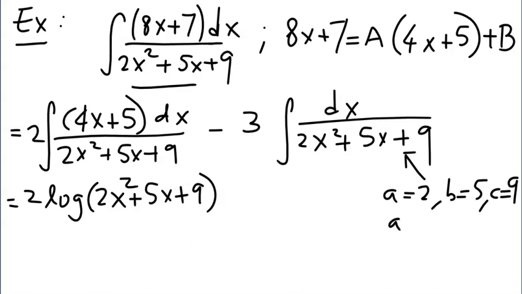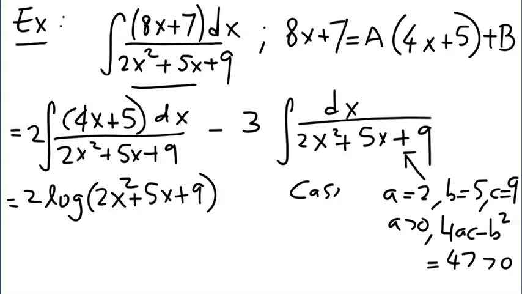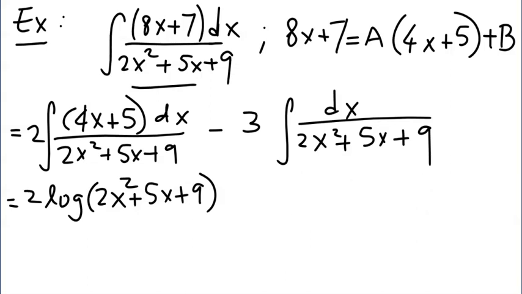So that means a is positive, 4ac minus b squared is 47, which is also positive. So that means you have case 1 here. If you recall, case 1 means the solution will be in the form of arctangent.